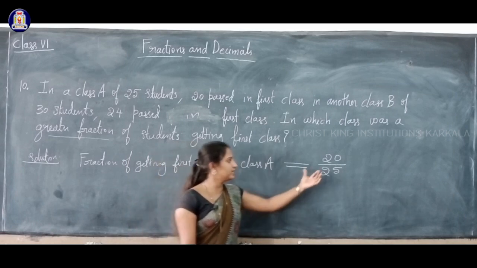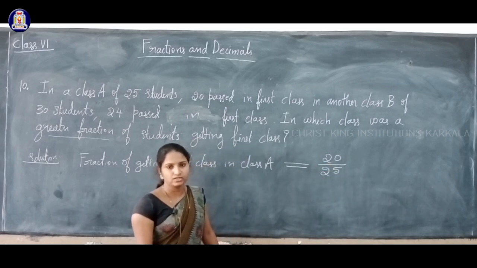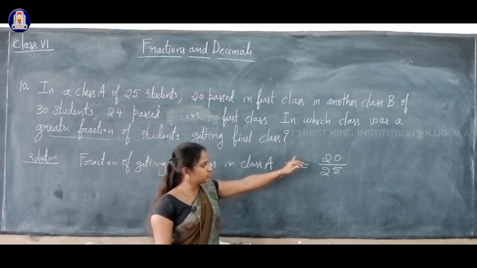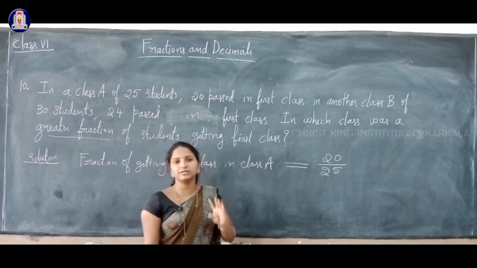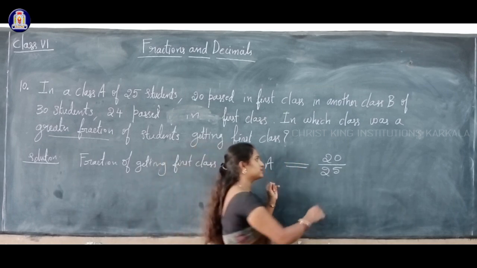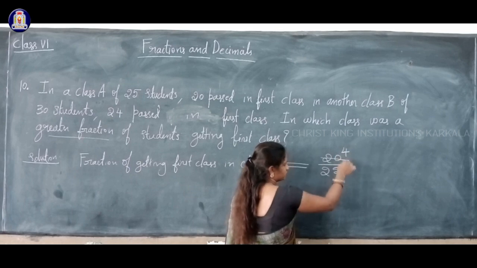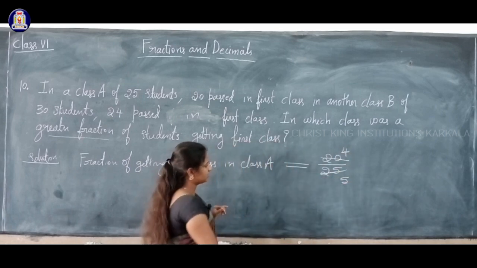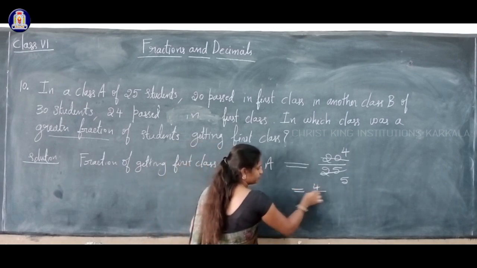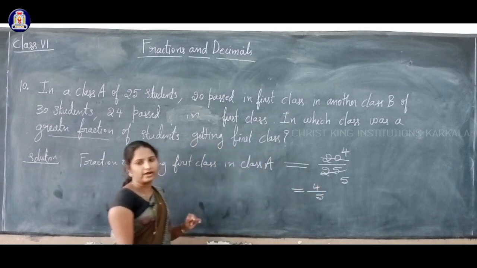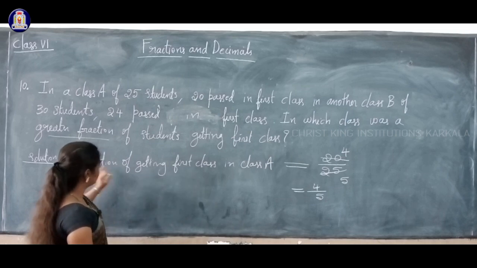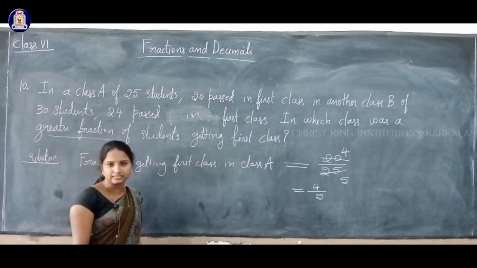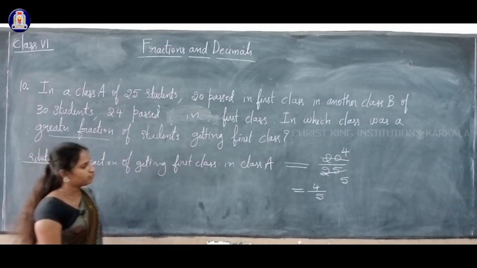Now we can simplify 20 by 25. 20 and 25 are divisible by 5. 5 fours are 20 and 5 fives are 25. So if you divide, the fraction is 4 by 5. 4 by 5 is the fraction of getting first class in class A. Okay, 4 by 5.